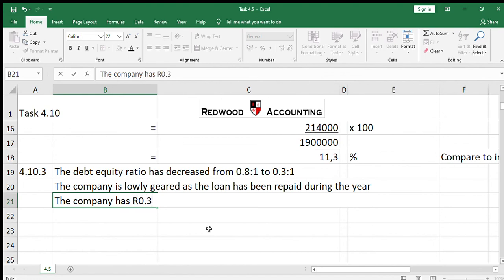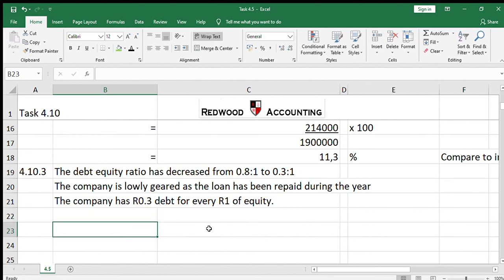There's 30 cents debt for every 1 rand of equity. So you can see that for this company, the risk is lower because the loan is lower than the equity.